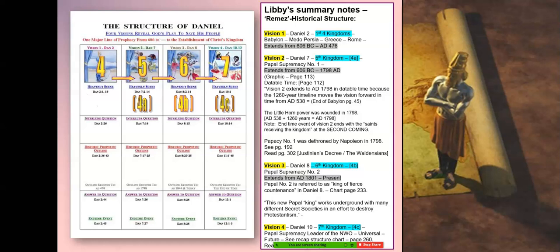Is papal supremacy number 1 the best terminology to describe the 5th kingdom? I mean, that's what I saw. Yeah, in the book, that's the best. That's what I've used in the book. Yeah, because there's going to be 3 of these, but this is the first one. Okay. And then I just put a note where that is.